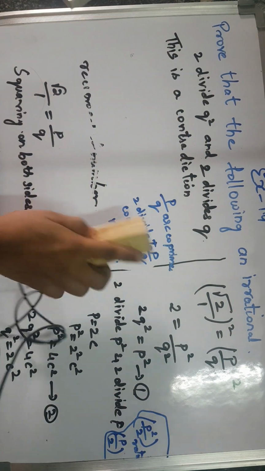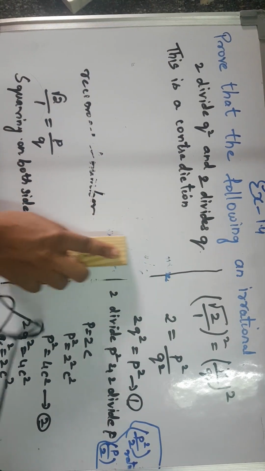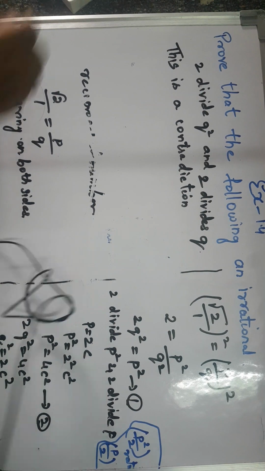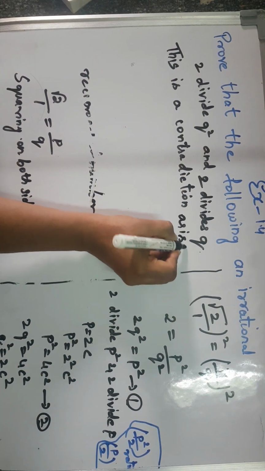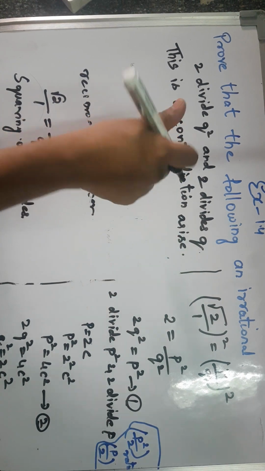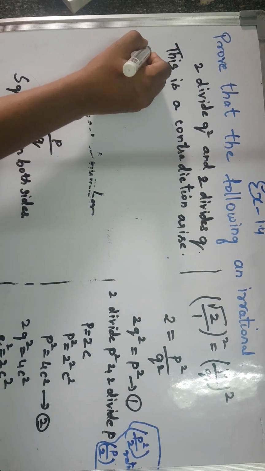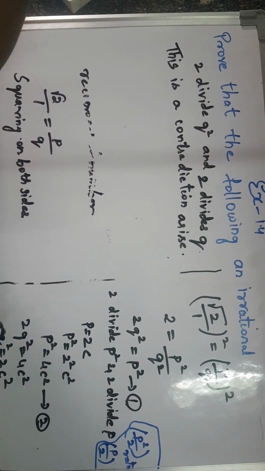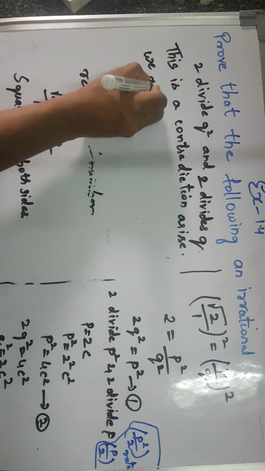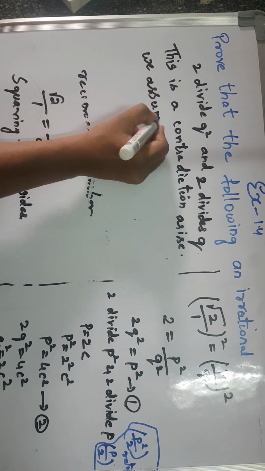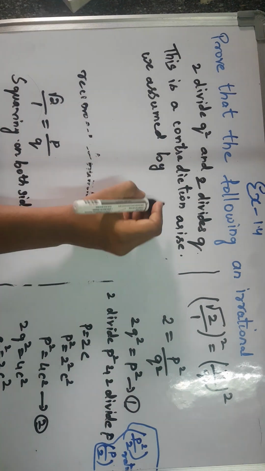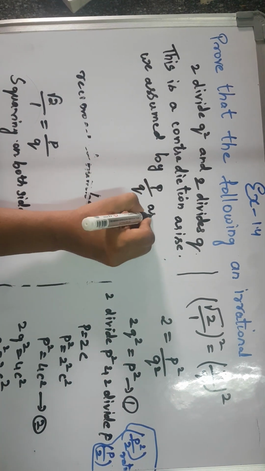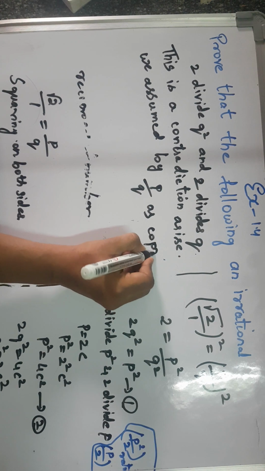Okay, this is the contradiction that arises. Why does this contradiction arise? We assumed p by q as co-primes.